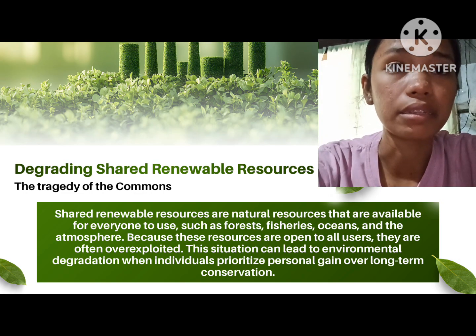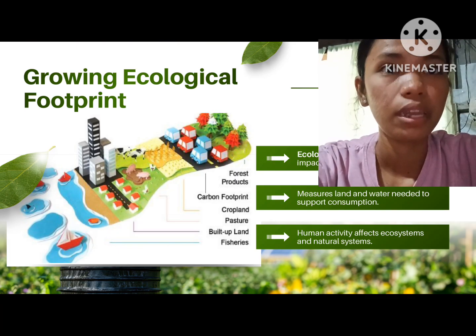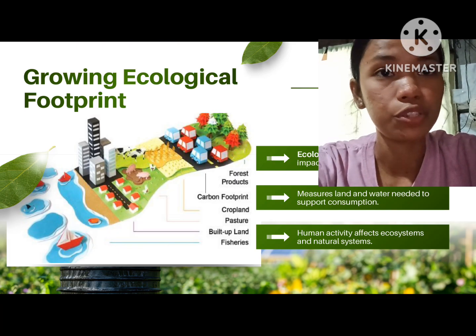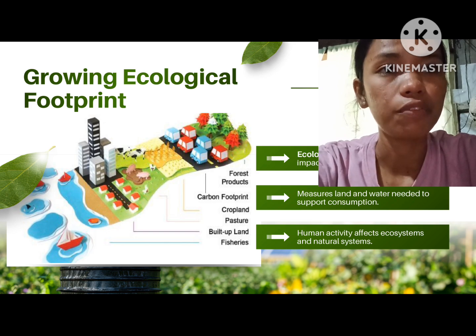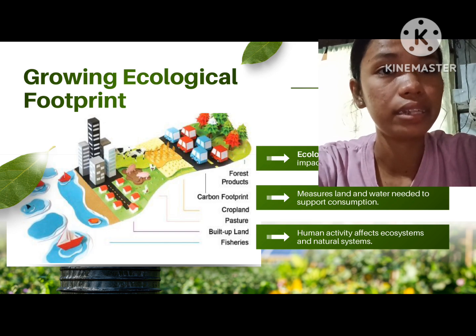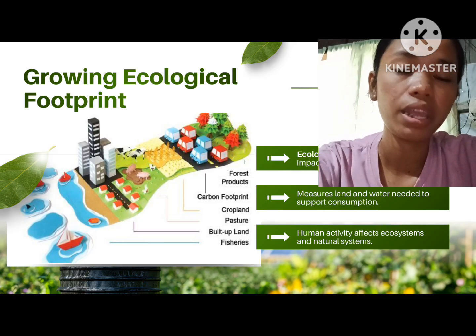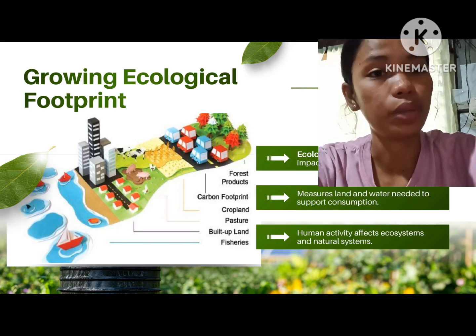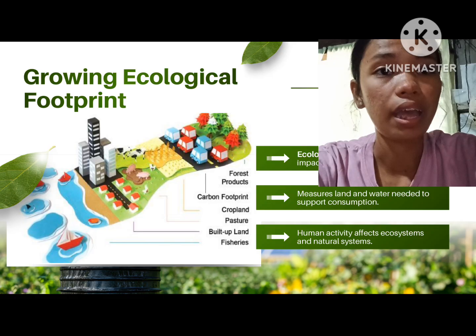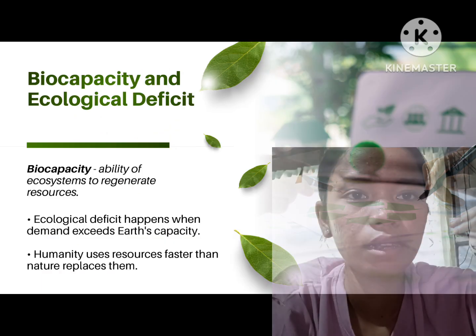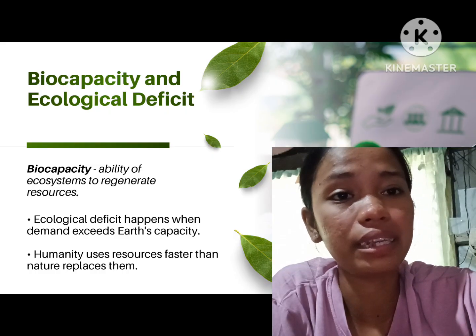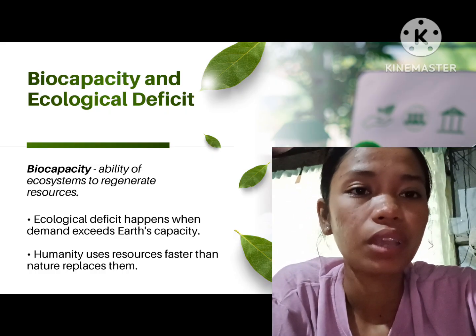So, next is growing ecological footprint. An ecological footprint refers to the environmental impact of a person or population. It measures the land and water needed to support human consumption, such as food production, energy use, transportation, and waste. As human activities increase, ecosystems and natural systems are also greatly affected. So the next one is biocapacity and ecological deficit.